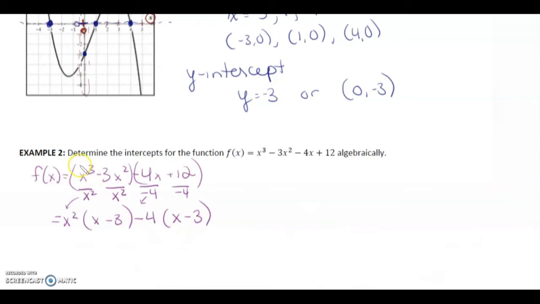So we've done factor by grouping twice, and we have to do it one more time, but this time with these 2 terms. So let's divide by x minus 3. So we have x minus 3. Those cancel out. We're left with x squared. Those cancel out. We're left with negative 4.